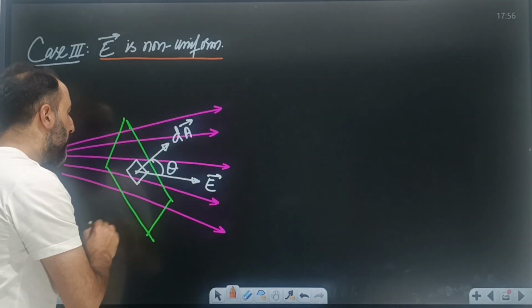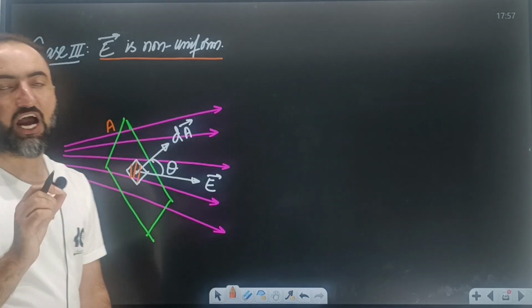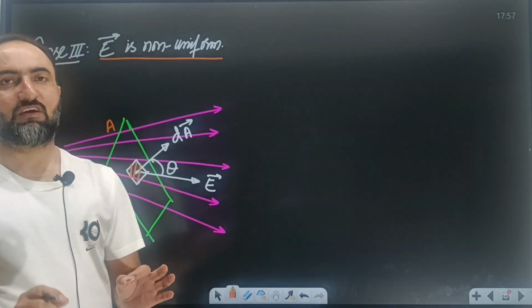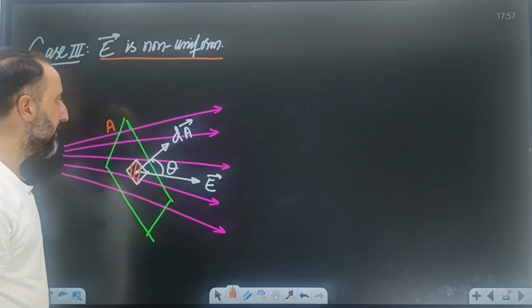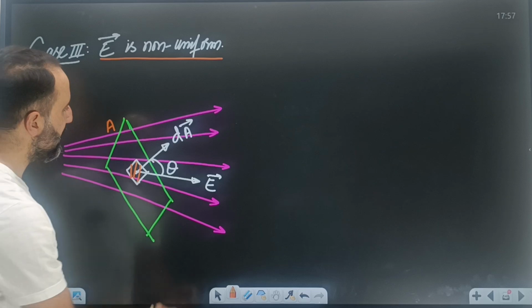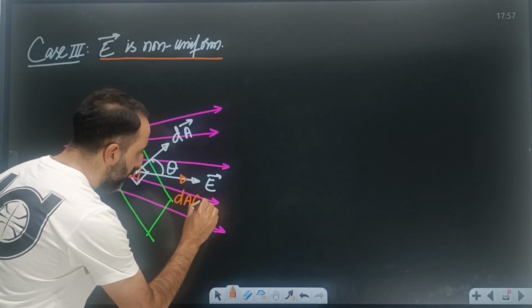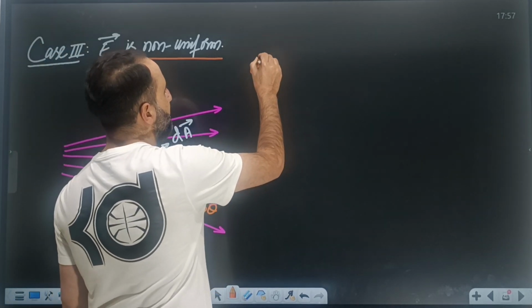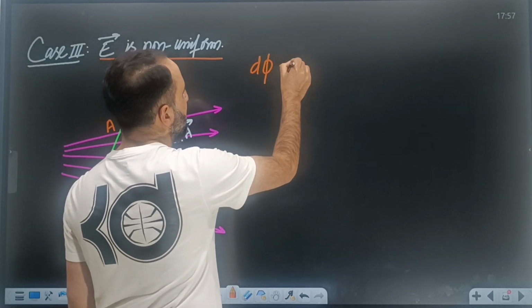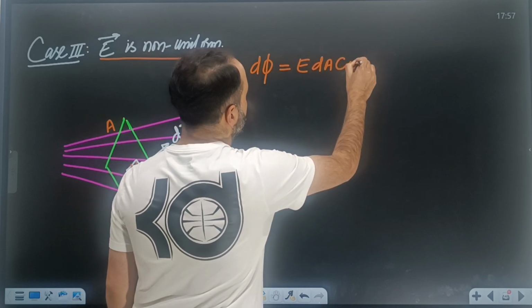And what I have done is that this area A, I have broken it into many pieces. I have chopped it into many pieces, and dA is one such area element. Tell me, what will be the component of this dA in this direction? That will be dA cos theta. The flux through this very small area, that is d phi, is equal to E multiplied by dA multiplied by cos theta.